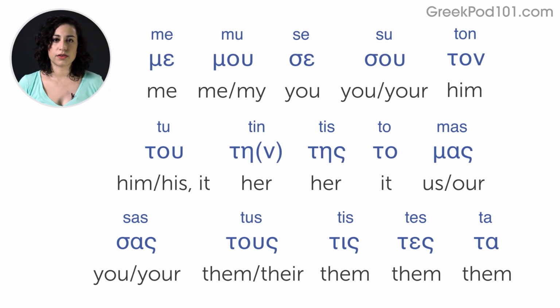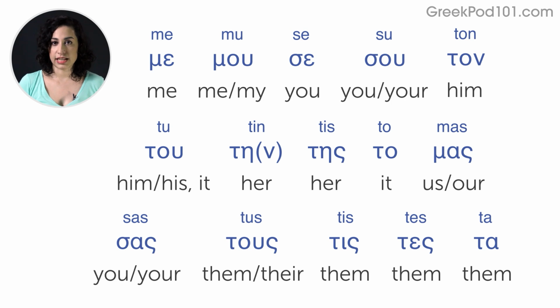First, let's see which monosyllabic words are enclitic words. In modern Greek, those are the weak forms of the personal and possessive pronouns, such as με, μου, σε, σου, τον, του, την, της, το, μας, σας, τους, τις, τες, and τα.